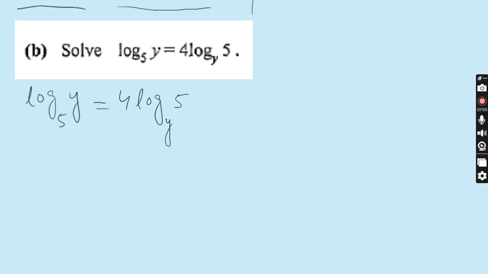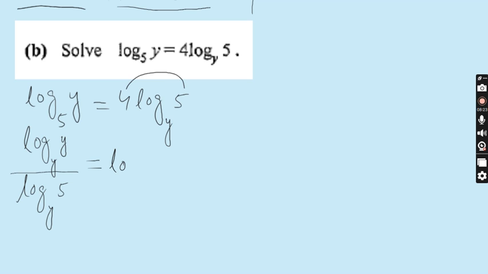So apply the change of base rule on the left hand side. The left hand side base is 5, and I want to make this base y. So the answer is log base y of y upon log base y of 5 is equal to this 4 becoming the power of 5, so log base y of 5 to the power 4.